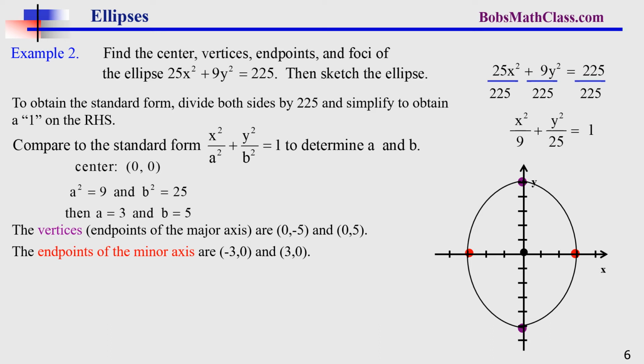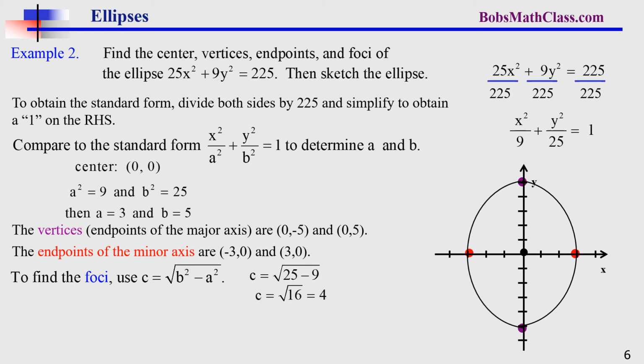The foci. It's always going to be c equals the square root of either a squared minus b squared, or b squared minus a squared. Which one will we use here? Right, b squared minus a squared. Our b squared is 25 and our a squared is 9.